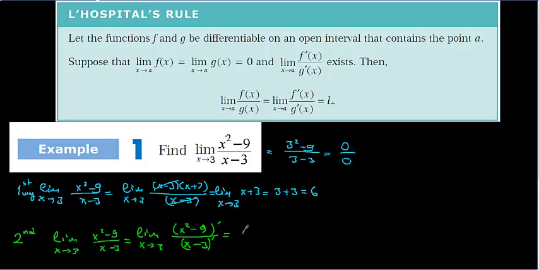Then limit x tends to 3. This is going to be equal to: derivative of x squared is 2x, derivative of 9 is 0, derivative of x is 1, so 2x over 1, which is equal to limit x tends to 3 of 2x, which is equal to 2 times 3, and again it's going to be equal to 6.